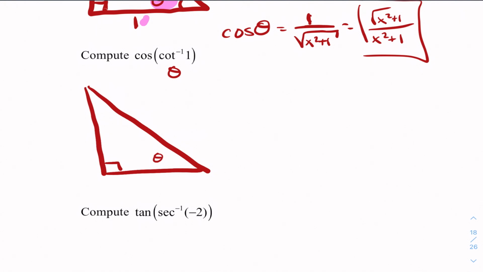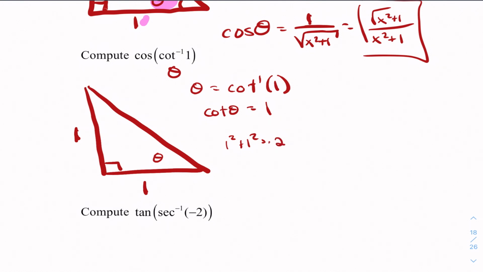We're saying that inverse cotangent of 1 is equal to our angle, or the cotangent of our angle is 1. Cotangent is adjacent over opposite. So that means 1 squared plus 1 squared is equal to our hypotenuse squared, which is 2. So our hypotenuse would be root 2.